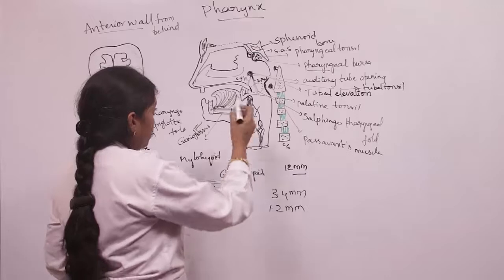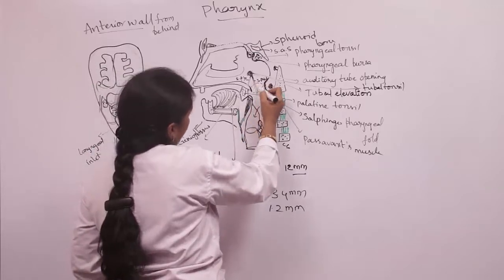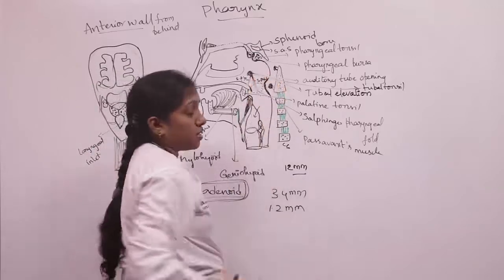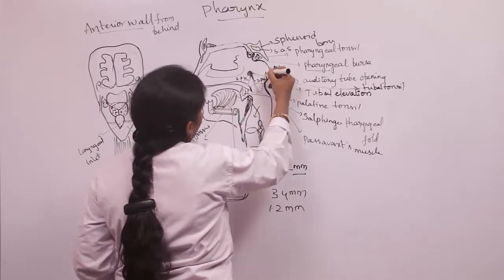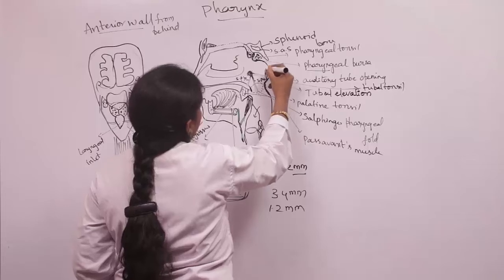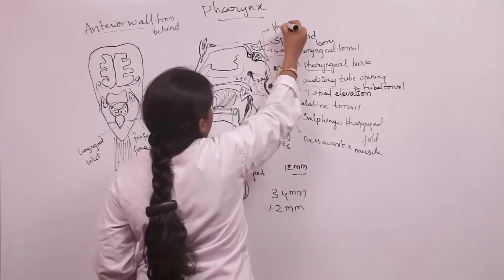Behind the salpingopharyngeal fold, we are able to see a recess, which is a mucosal depression. This is what we call the pharyngeal recess.